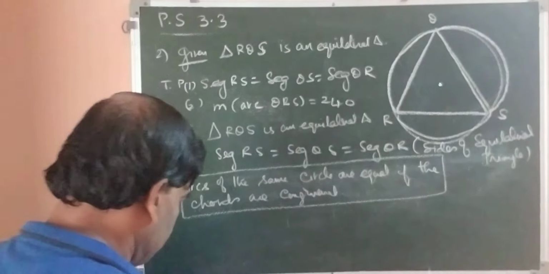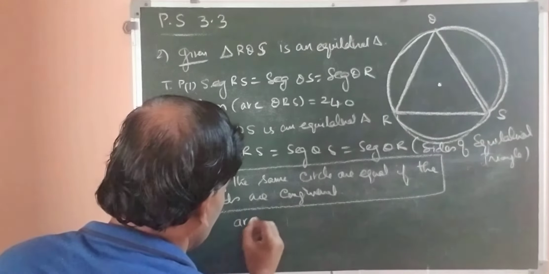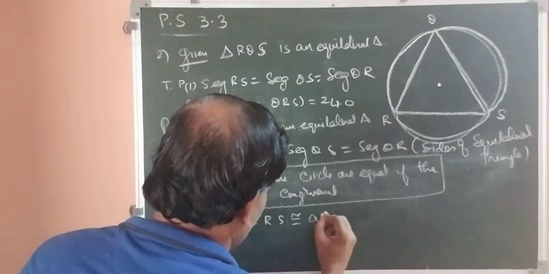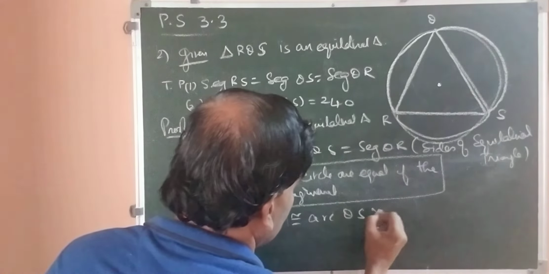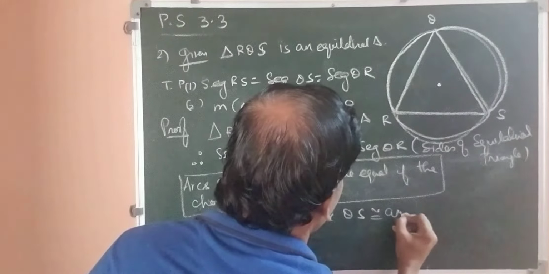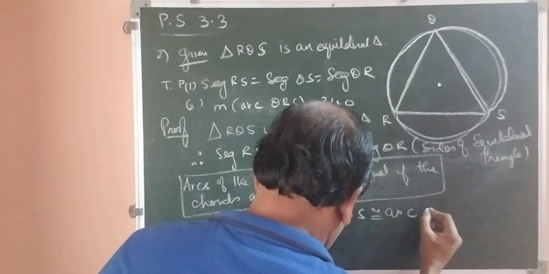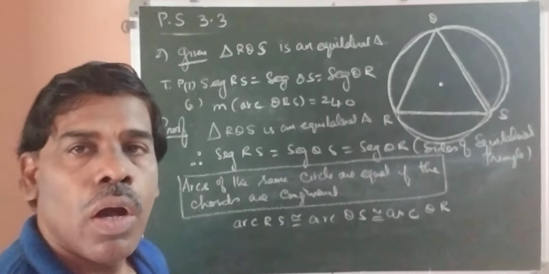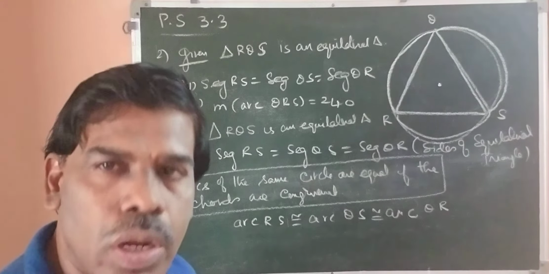That means arc RS is congruent to arc QS is congruent to arc QR. Correct? Arcs are equal means their measures are also equal.